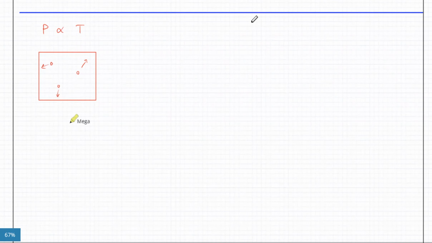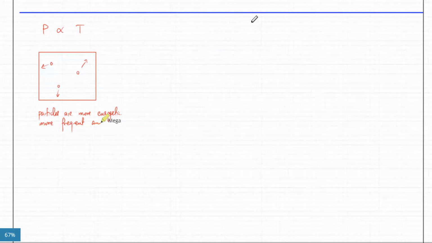So the explanation for that would be that particles are more energetic, or they have more kinetic energy, and you get more frequent and effective collisions with the walls of the container.